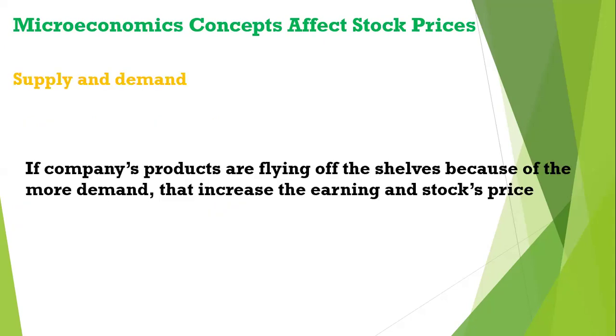If companies' products are flying off the shelf because of more demand, then earnings increase and stock price will also increase. So that is also when you're looking at the fundamentals of the company. So do they make more sales, right? So that also makes sense.